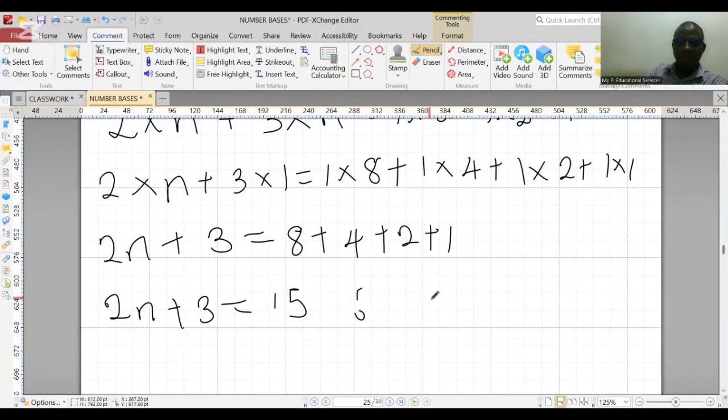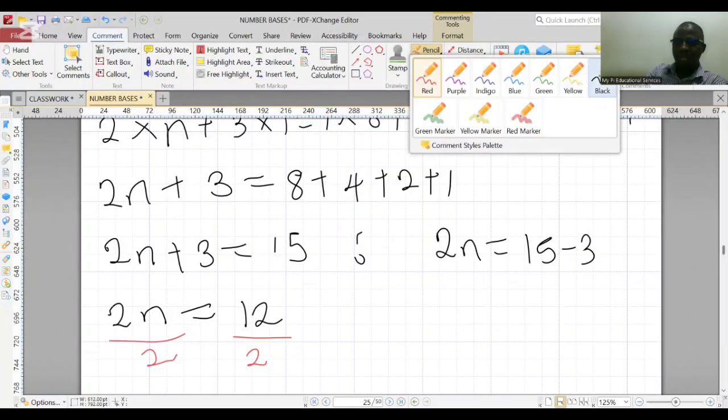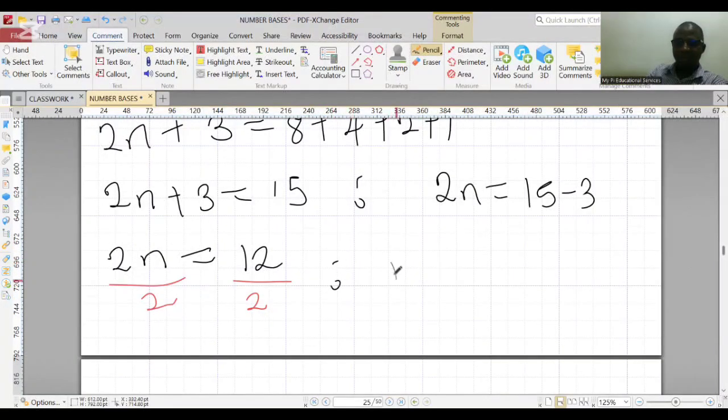So when you collect like terms, you have 2n equals 15 minus 3, and 2n equals 12. So divide both sides of the equation by 2, and the value of n will give you 6. So that is the value of n.